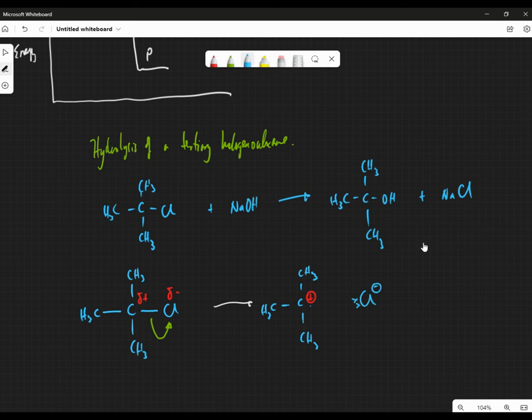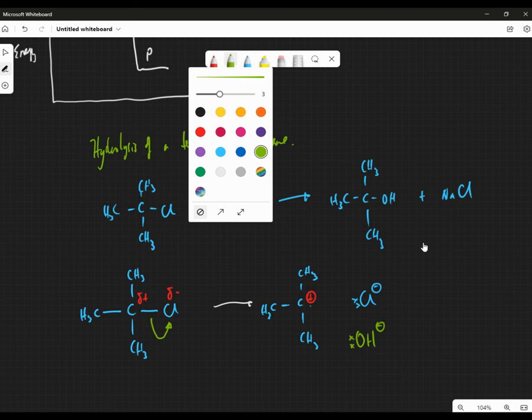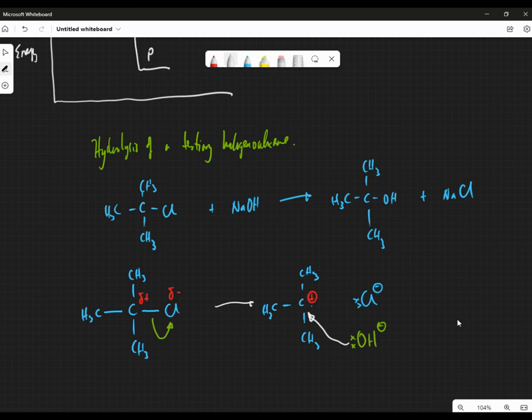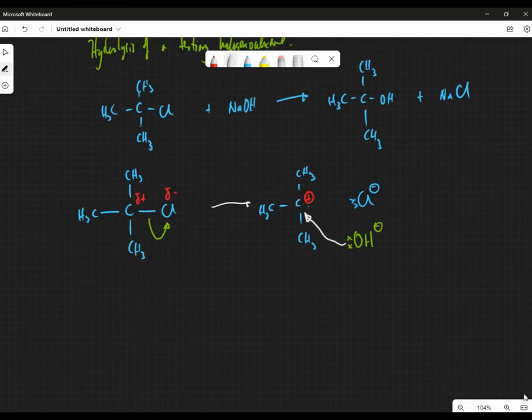And in the second stage, let me do this in green, my OH minus ions will now attack this. So this is the second stage of the reaction to produce my product, which is, I'm going to draw this quickly, (CH3)3COH.